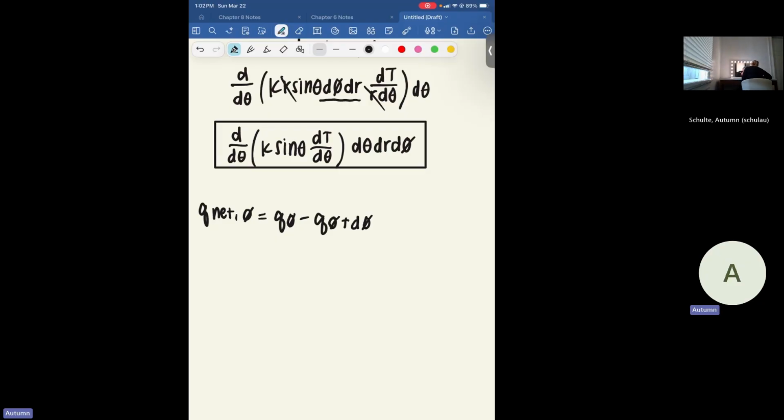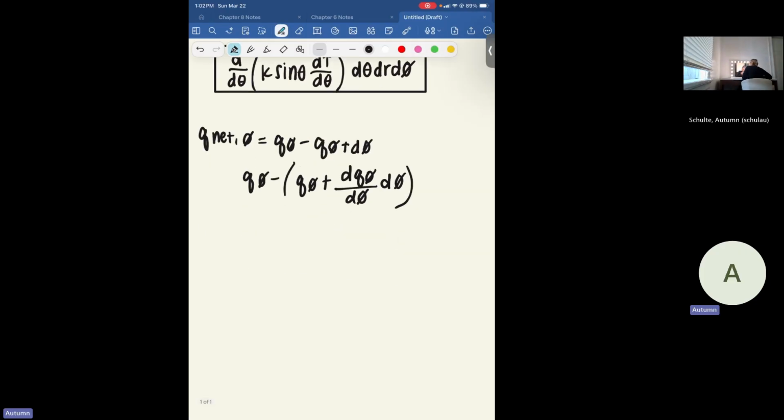We're going to use Taylor series approximations for this, so this is going to be q phi minus q phi plus the derivative of the heat flow at phi with respect to phi d phi. Our q phi's cancel out, and we're going to be left with negative the derivative of q at some phi with respect to phi multiplied by d phi.